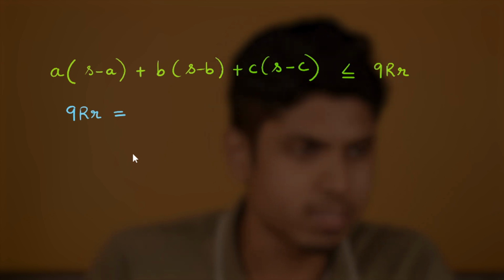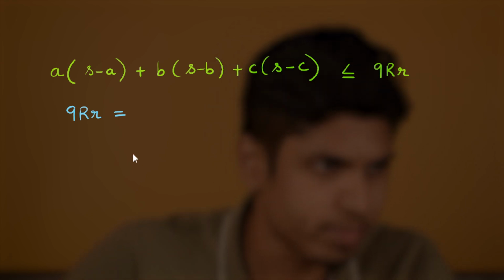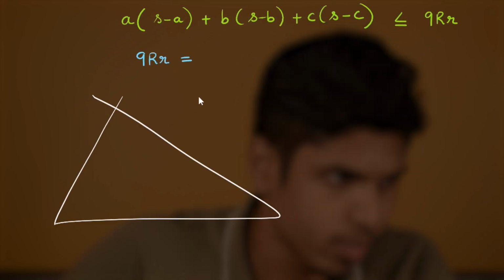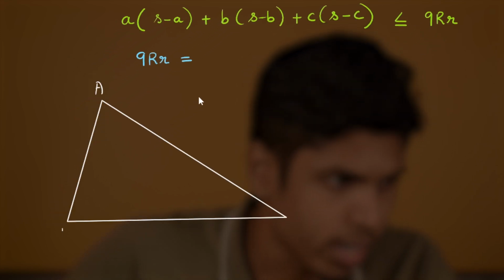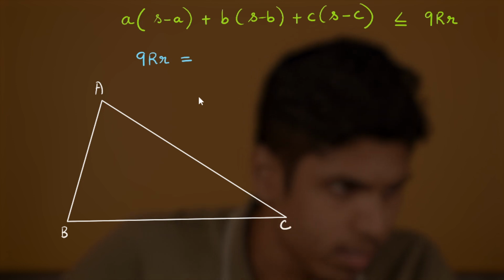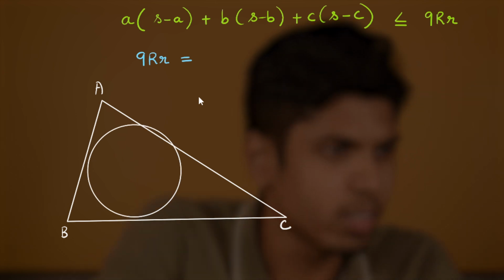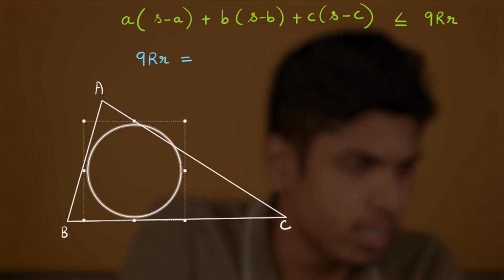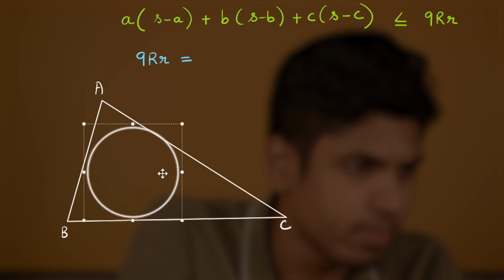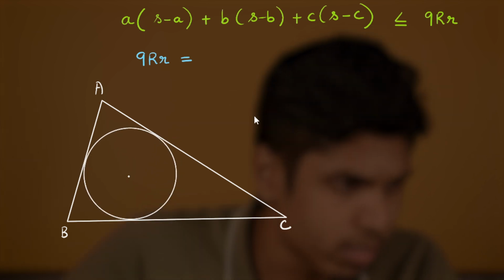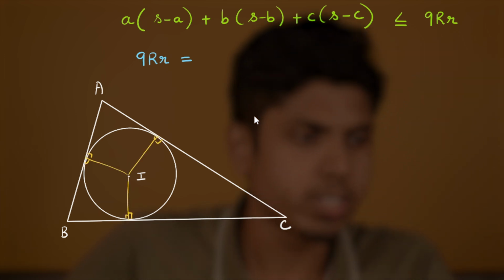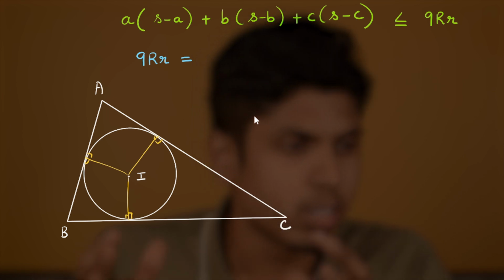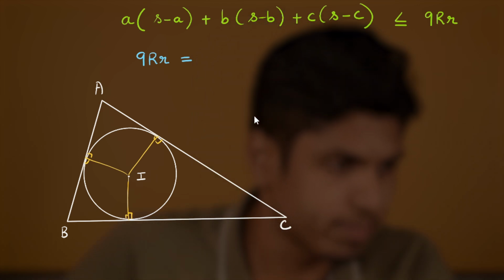the small r, the inradius, is by the following. Consider the triangle that we have, and suppose you have the incircle as shown. The incircle is the inscribed circle in the triangle. Now we have the incenter I, and perpendiculars are dropped, which fall on the points of tangency to the circle.